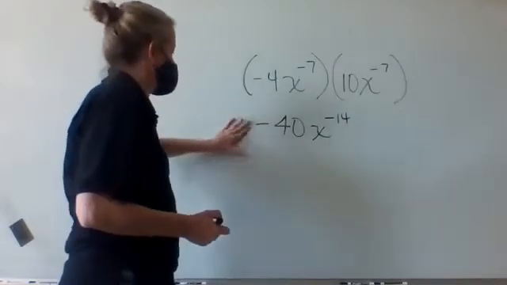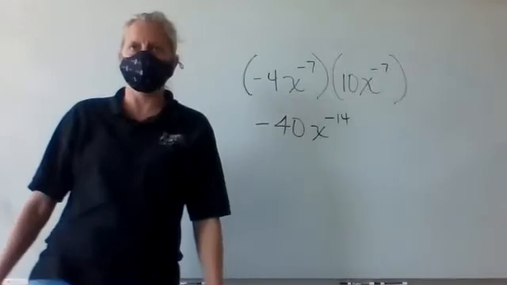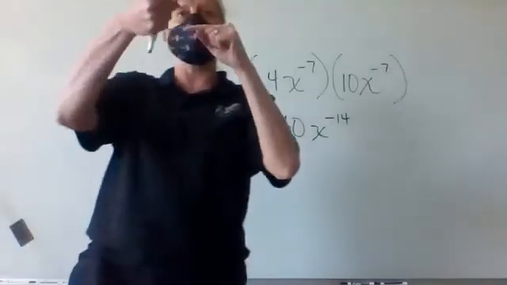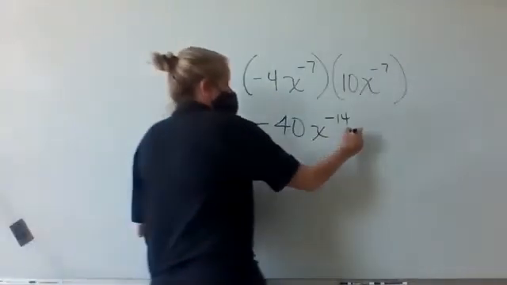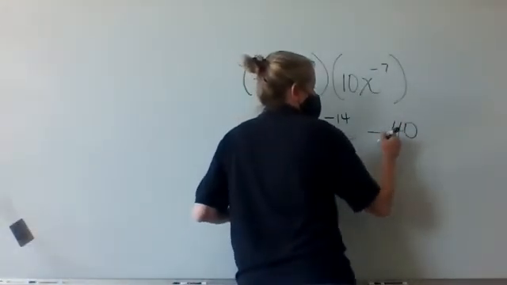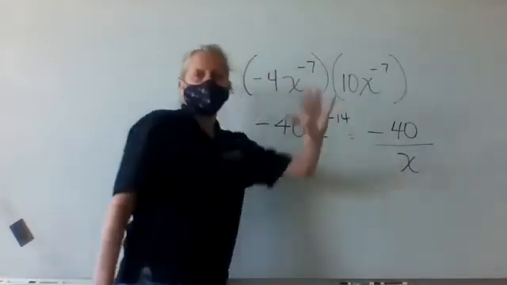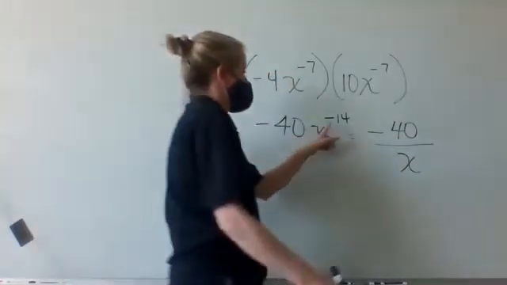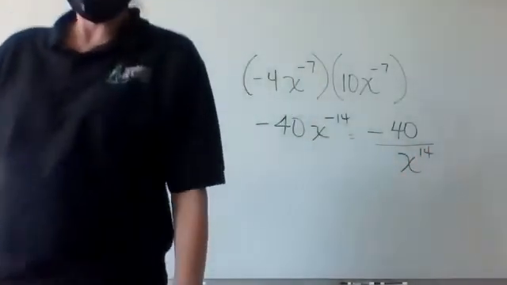The -40 is not being raised to the -14. Only the x is. So the x is the one that needs to be flipped, right? So the -40 stays where it is. If I flip the x, it's just going to put it in the denominator, right? It's going to put it upside down, which makes its exponent what? +14.